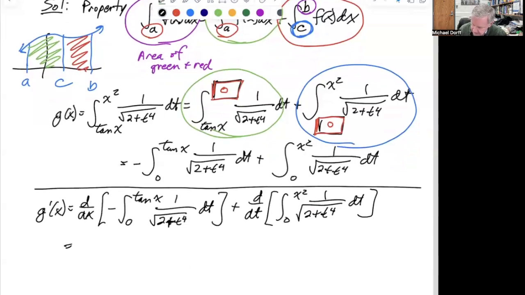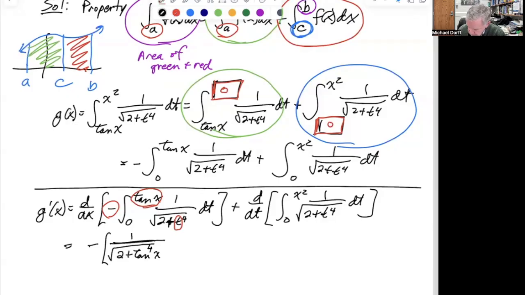This negative is just a constant, so I just put that out front. And now I take the derivative of the integral, and by the fundamental theorem of calculus, that's going to be 1 over the square root of 2 plus tan x to the fourth, because I'm going to replace this t with tan x.